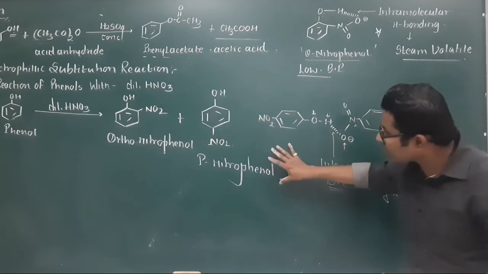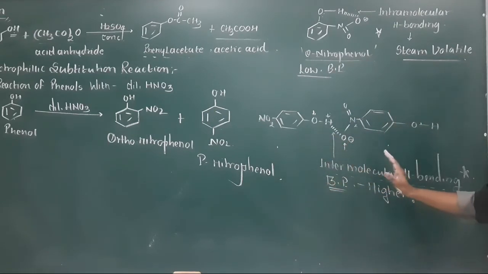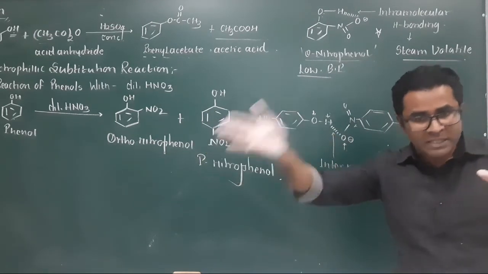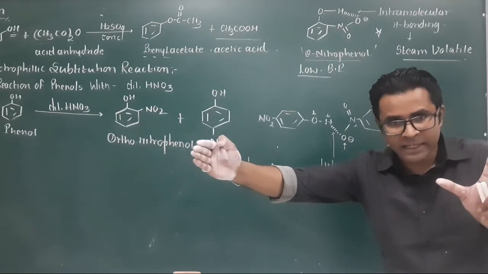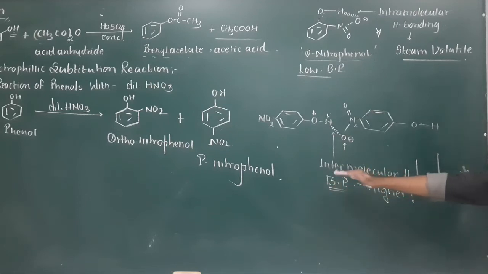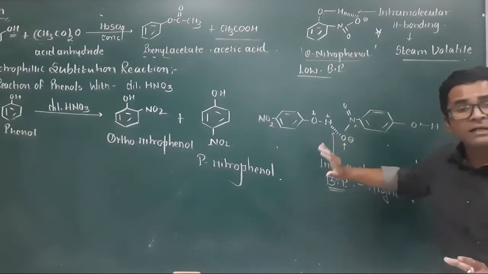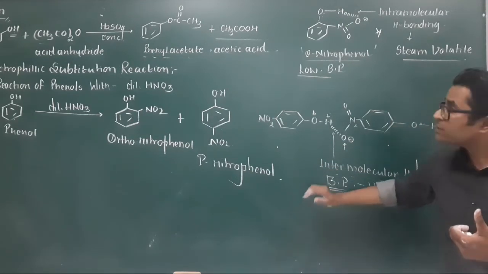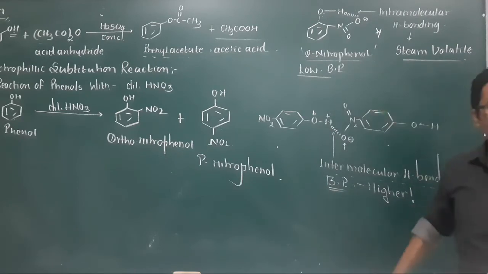When we observe this para-nitrophenol, between the two different molecules there exists a hydrogen linkage. Because of this hydrogen linkage, which we call intermolecular hydrogen bonding, this molecule is going to show comparatively higher boiling point than its counterpart, the orthonitrophenols.